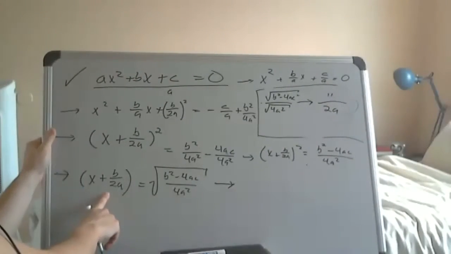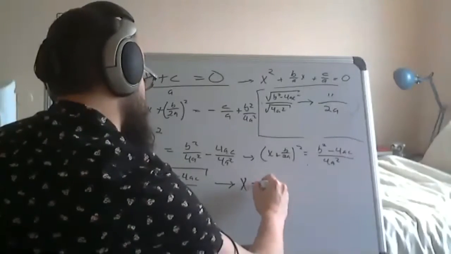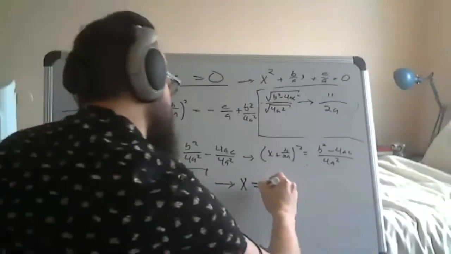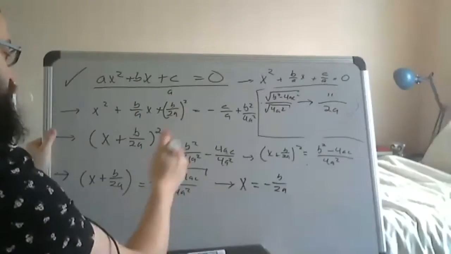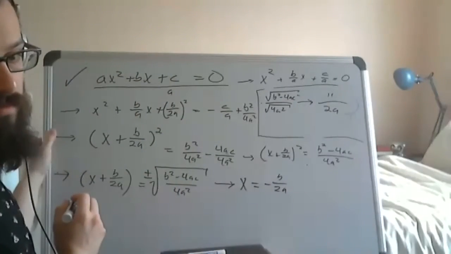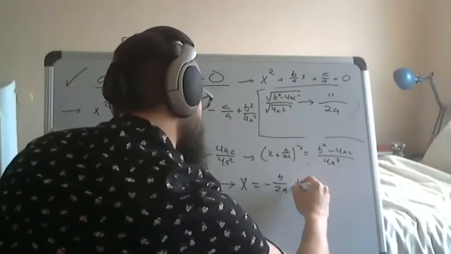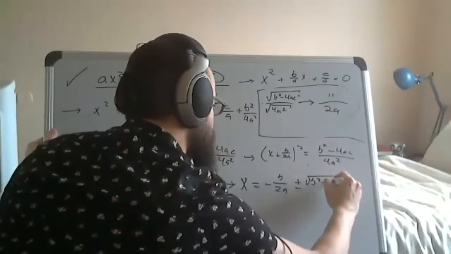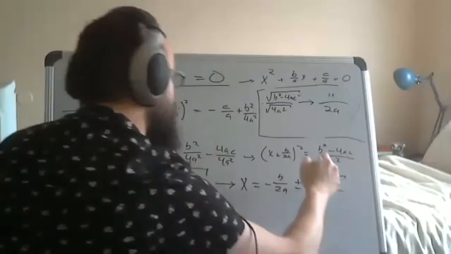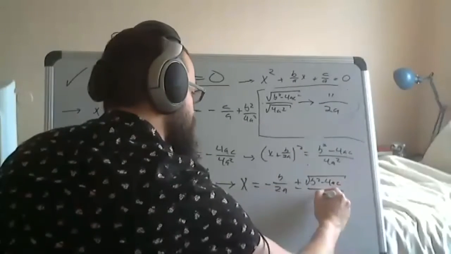So subtracting b over 2a, we have negative b over 2a. Oh yeah, we square rooted both sides, so this is plus and minus the square root of b squared minus 4ac all over 2a.